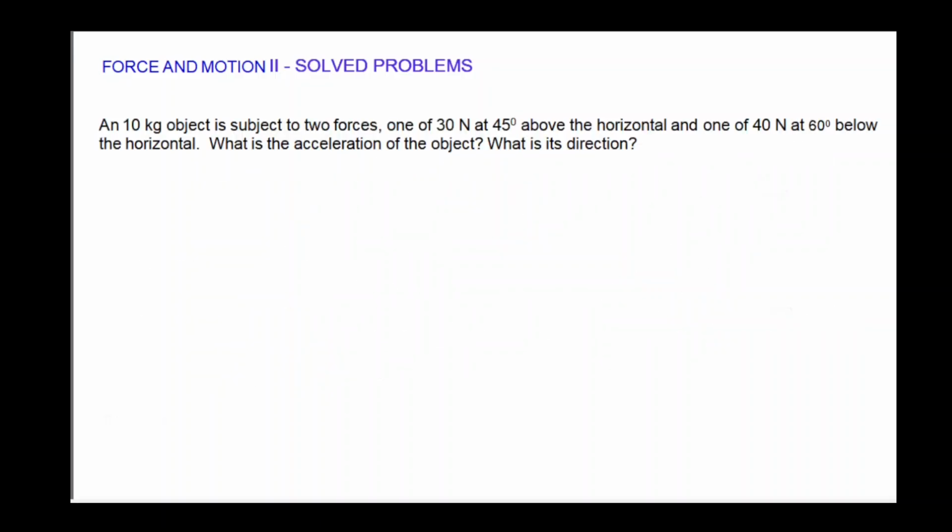Let's try our first problem. A 10-kilogram object is subject to two forces, one of 30 newtons at 45 degrees above the horizontal and one of 40 newtons at 60 degrees below the horizontal. What is the acceleration of the object? What is its direction? So let's draw this out.